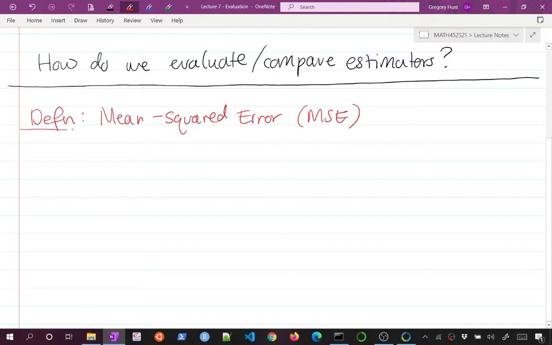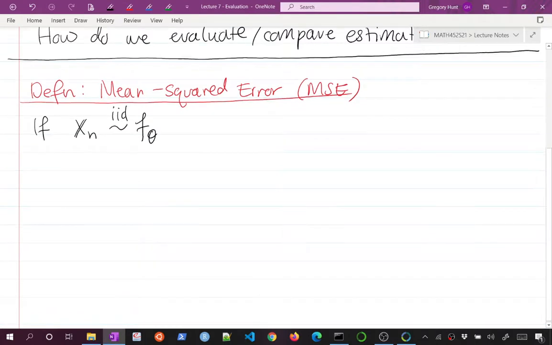Our setup is, of course, we have some data, some random sample, distributed from some distribution, f theta, and our unknown parameter theta lives in some space of possible parameters, capital Theta.